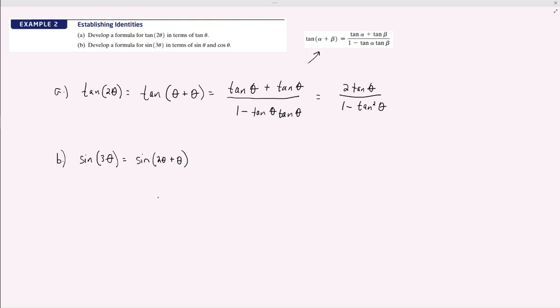So I'm going to take sine of the first one times the cosine of the second plus cosine of the first times sine of the second.